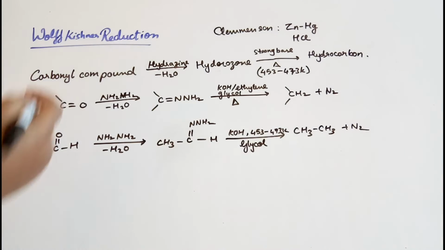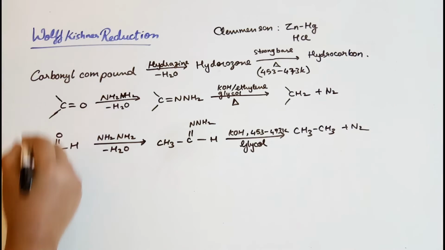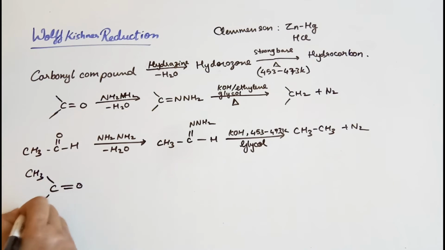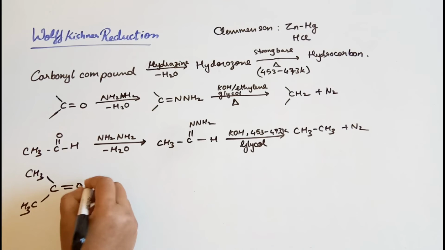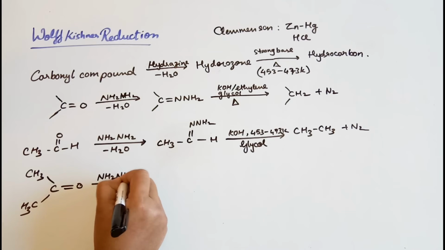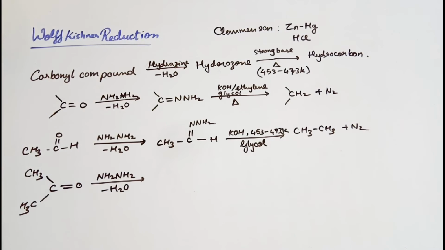Now let's do one thing. Let's replace the H with a CH3. We are going to take propanone. Think about it. The product over here is the same as what we found for Clemmensen's as well. The only difference between these two is the fact that we are using a different reagent.